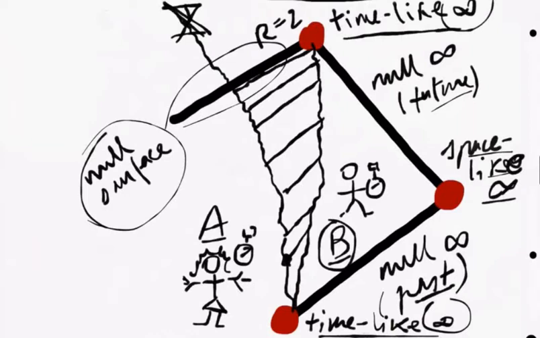The other lines will reach the null surface in a finite proper time, like traveler A, even if they are massive, right? So, as you can see, this is not flat space-time anymore.